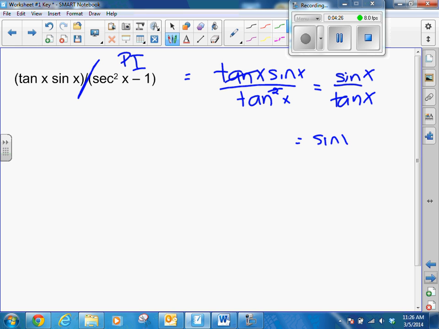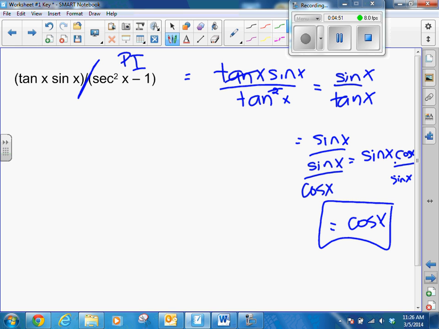So you guys said tangent can become sine over cosine. But now I have a number divided by a number, so copy that, flip. So I have sine of x, I'm going to multiply, oh, I'm running out of room, times cosine divided by sine. So what am I left with? Cosine.